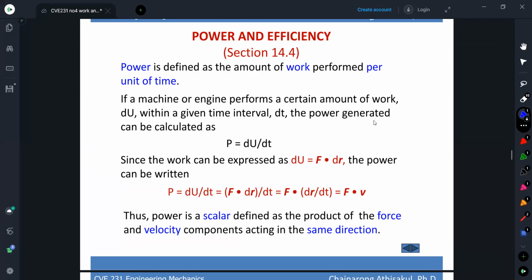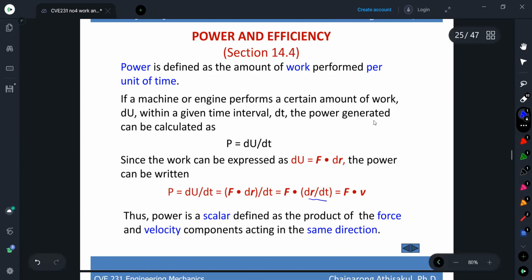Since the work can be expressed as the dot product of the force vector and the position vector, dU equals F dot dr. So the power can be written as dU by dt, that is the dot product of the force F and the first derivative of the position vector with respect to time.